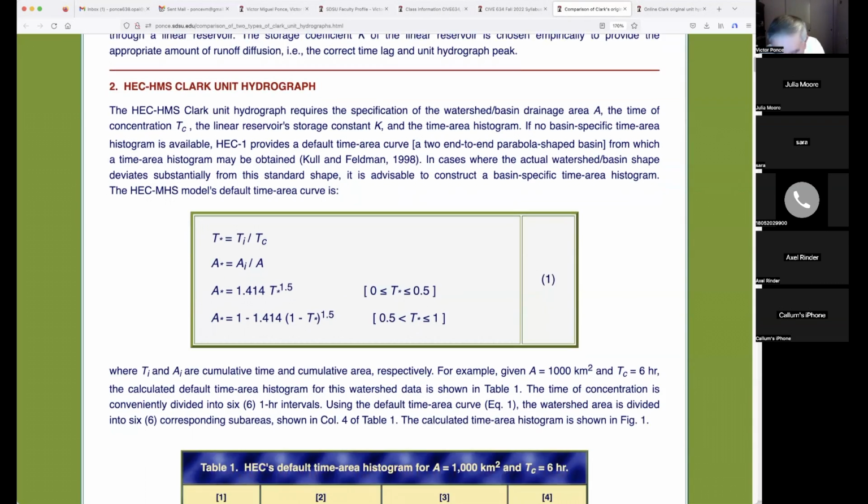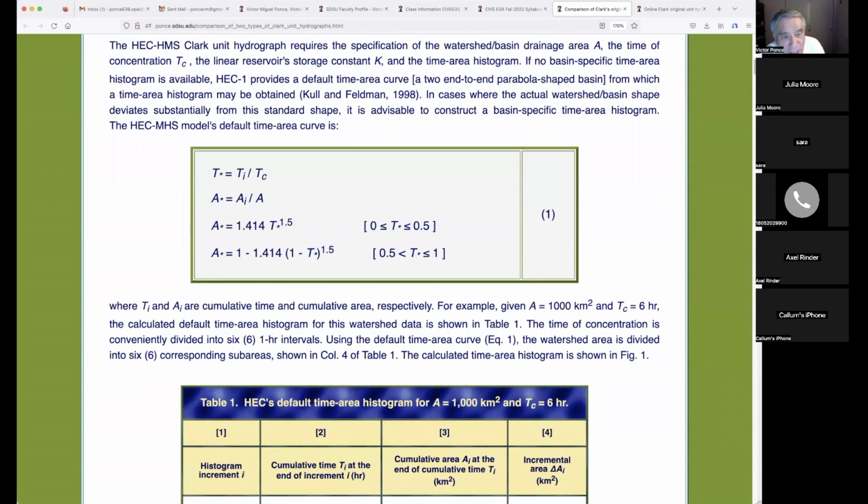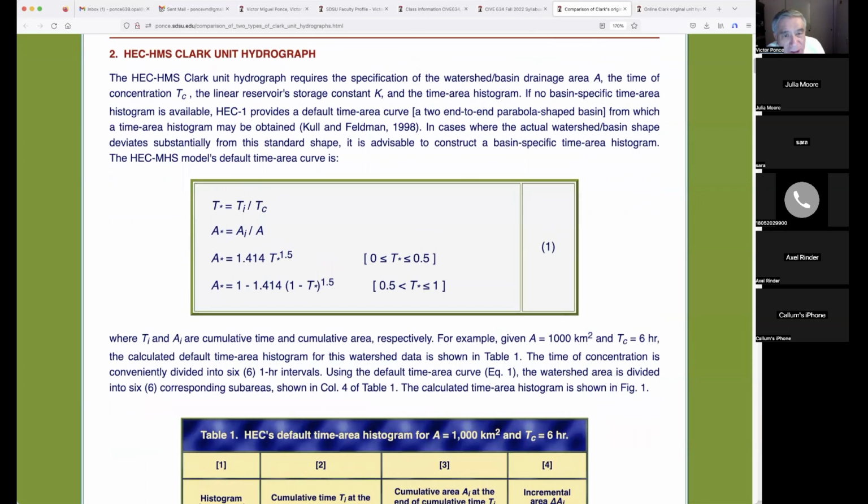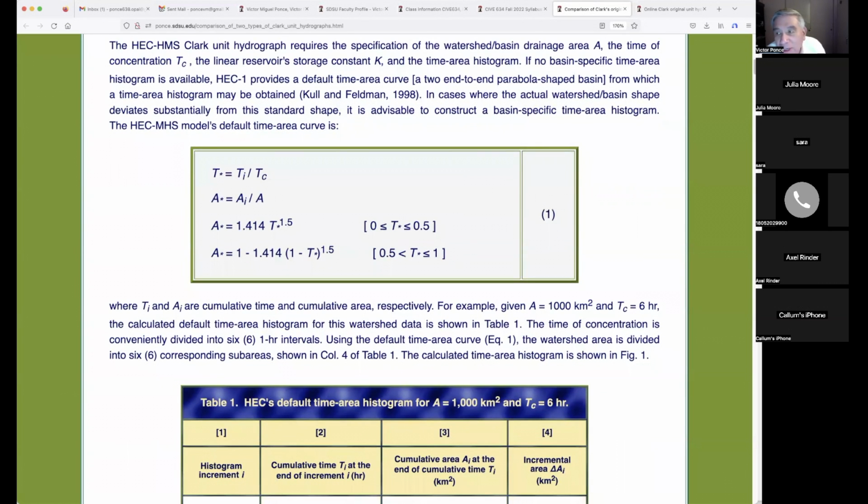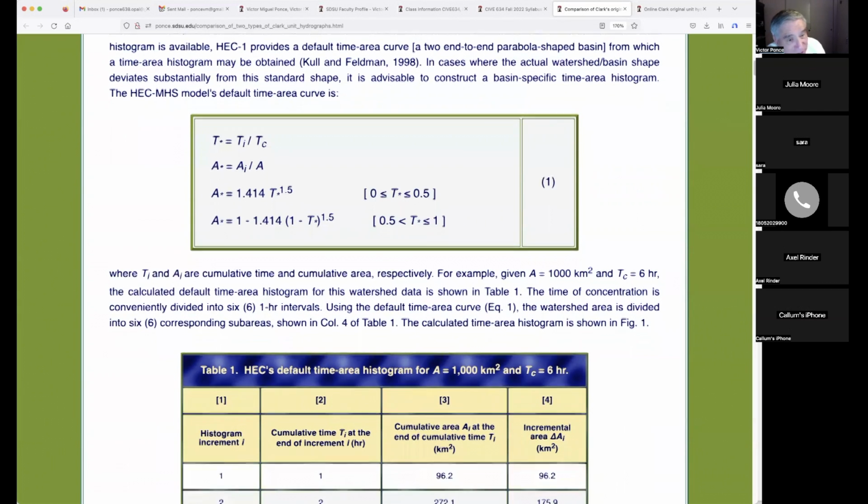But HMS still does have the Clark methodology. And the Clark methodology is based, as you know now, on a histogram. But the Corps came up with a generic histogram, which is this one over here, and that's what they use. They figured that was good for them, and if it was good for them, it should be good for everybody else.